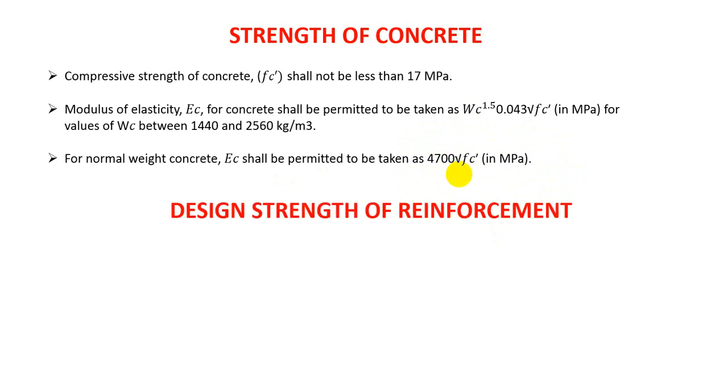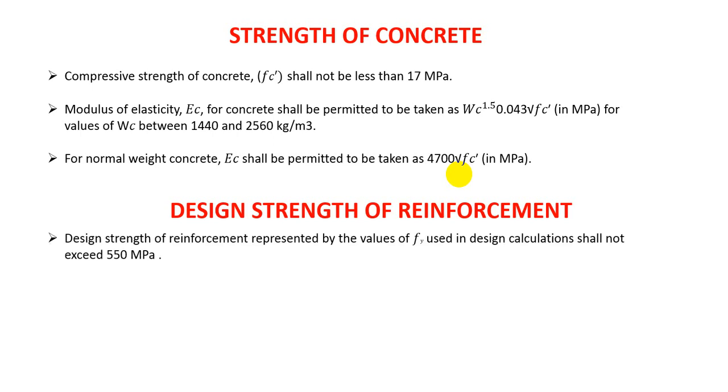Then, design strength of reinforcement. According to concrete strength, we'll also see the design strength of reinforcement. The value of fy used in design calculation shall not exceed 550 megapascal, I mean our yield strength of steel couldn't exceed 550 megapascal without any special case.